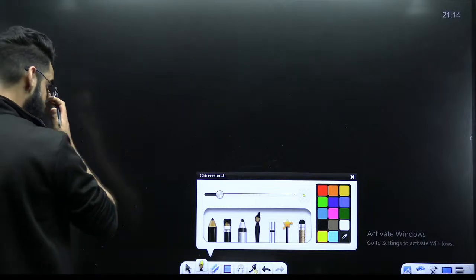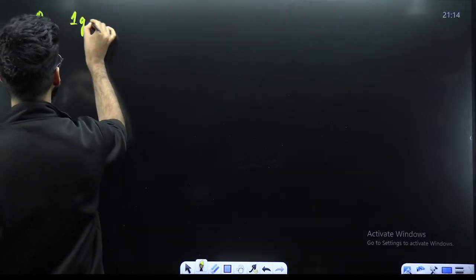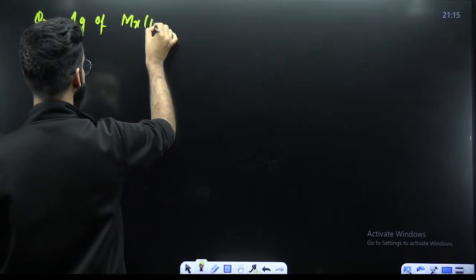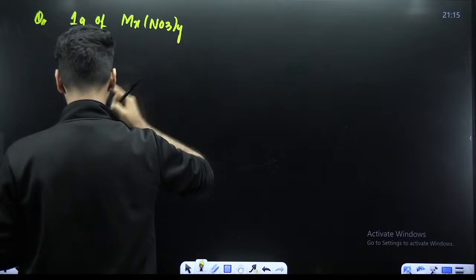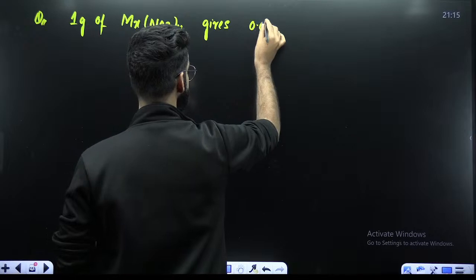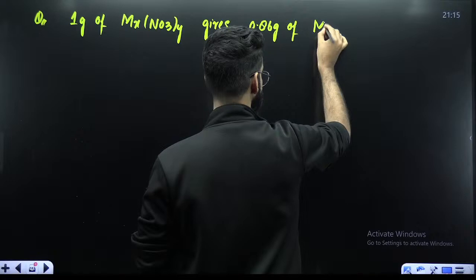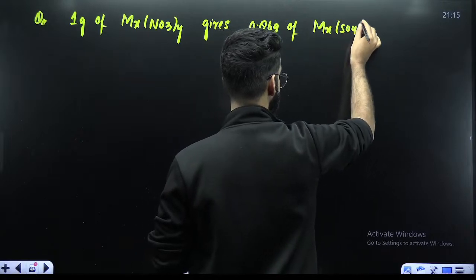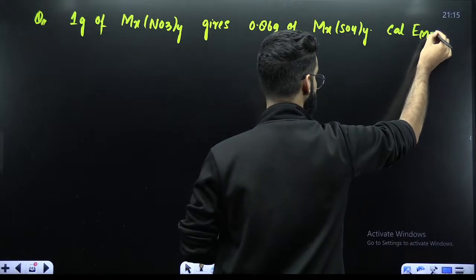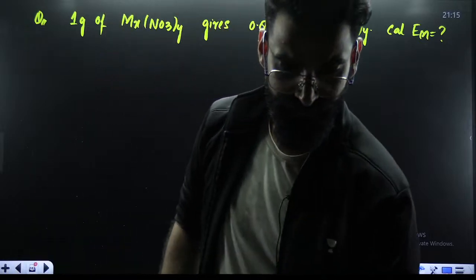So the question is: 1 gram of metal nitrate gives 0.86 grams of metal sulfate. Calculate the equivalent mass of the metal. This is the question whose answer you will be telling me.